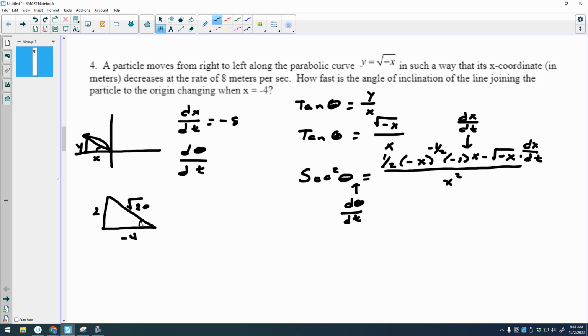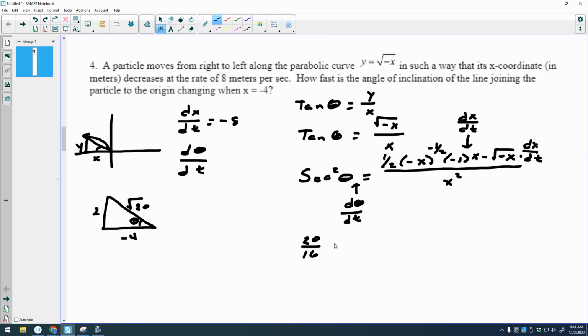And if this is my theta, secant is 1 over cosine. Cosine is adjacent over hypotenuse, so secant is hypotenuse over adjacent. And if I square that, then I get the square root of 20 squared, which is 20, over negative 4 squared, which is 16.